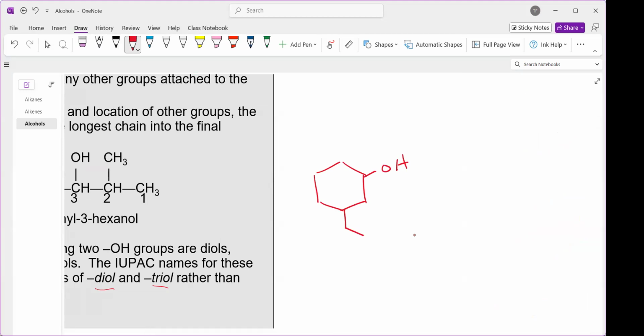Automatically, the ring structure is the backbone, and that's 6 carbons. So the best way to number is with the functional group being carbon number 1. And then we have an ethyl branch on carbon number 3. So it's going to be cyclohexanol.